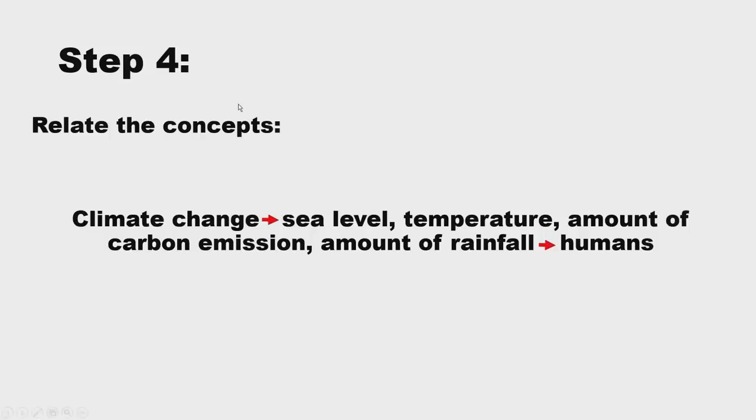So, this is the fourth step. So, we are to relate the concepts. So, we already identified the concept, and now we are going to relate the different concepts, which are the climate change, the sea level, temperature, amount of carbon emission, and the amount of rainfall. So, I put here the arrows to relate the different concepts to each other, and I decided that these concepts are not related vice versa.